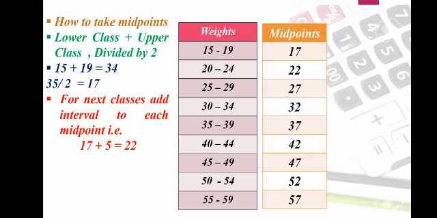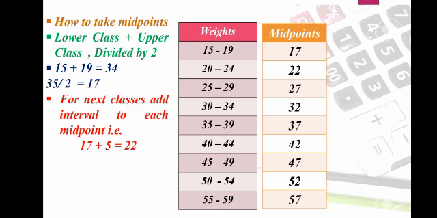So the midpoint: 15 plus 19 is 34, and 34 divided by 2 is 17. The interval was 5, so 17 plus 5 is 22. 22 plus 5 is 27, 27 plus 5 is 32, 32 plus 5 is 37, 37 plus 5 is 42, and 42 plus 5 is 47, 47 plus 5 is 52, and 52 plus 5 is 57.